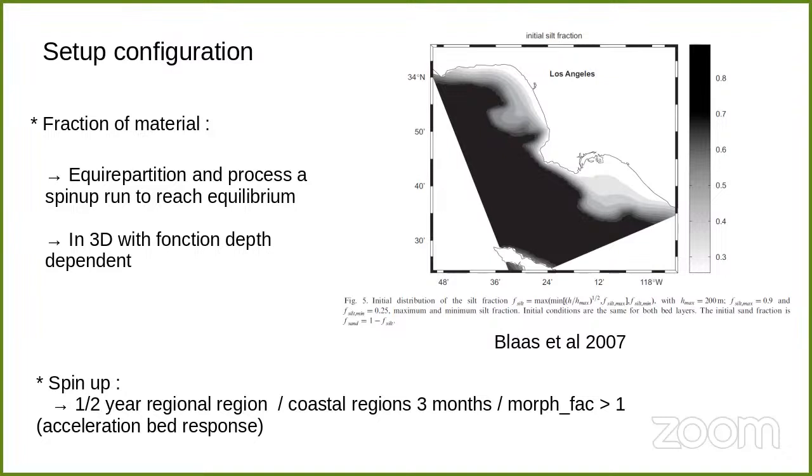You can also accelerate the bed response with the morphological factor. When it's 1, nothing changes, and you can put more actually. And you have, as I said, an acceleration of the bed response, so it could be convenient if you want to do a spin-up.